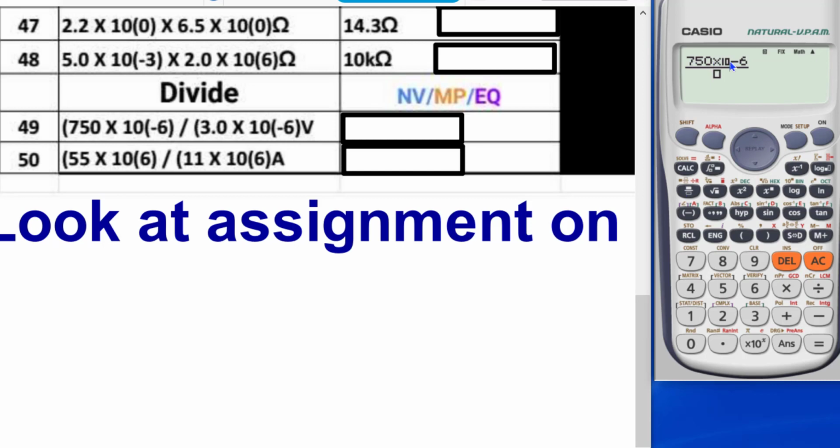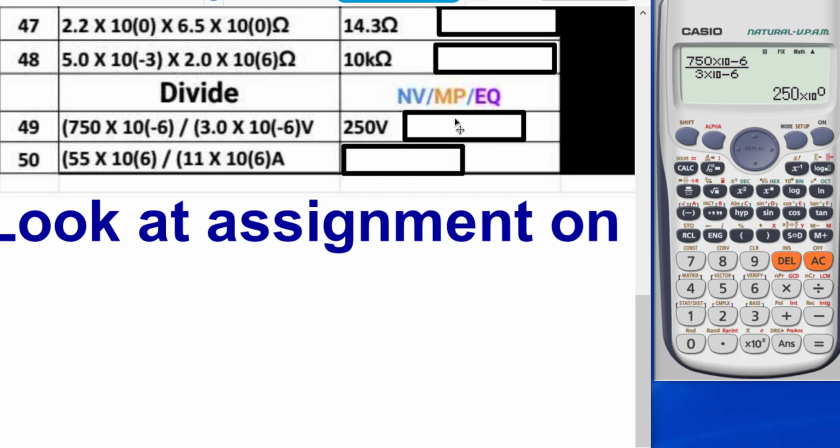So 750 times 10 to the negative 6 divided by 3 times 10 to the negative 6 equals 250. If I hit engineering, it's 250 times 10 to the 0. Well, that's just 250. And I was measuring volts.